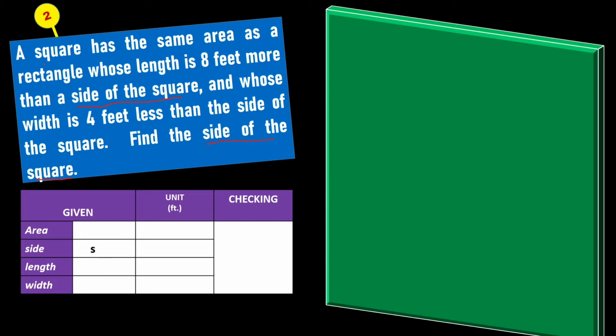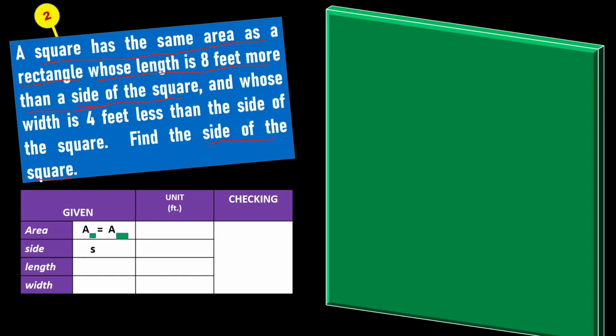And the square has the same area as a rectangle. So, yung area ng square ay equal sa area ng rectangle. So, we have here, area of a square is equal to the area of the rectangle. And nasa rectangle pa rin tayo, whose length is 8 feet more than the side of the square.